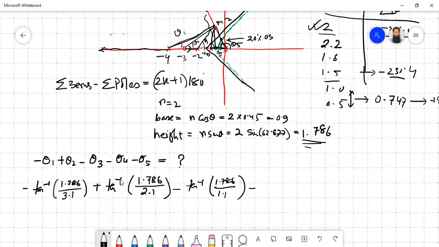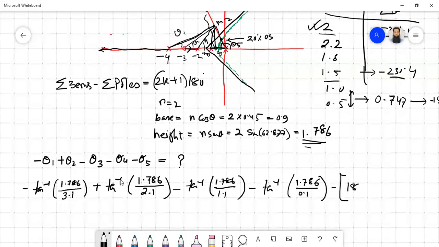Similarly, the next one, tan inverse, 1 minus 0.9, basically 1.786 divided by 0.1, minus, this time 180 degrees minus, because we are taking the other angle. So 180 degrees minus tan inverse. Since the pole is at the origin, it will be the height and the base of that particular point, so 1.786 divided by 0.9.